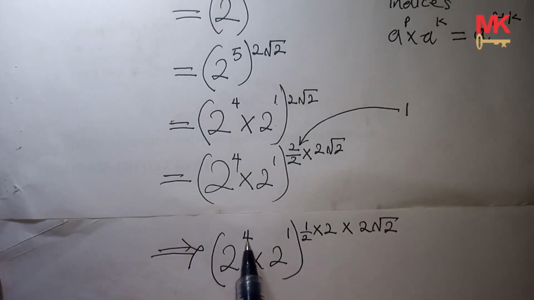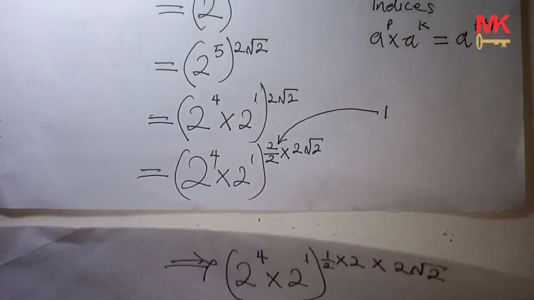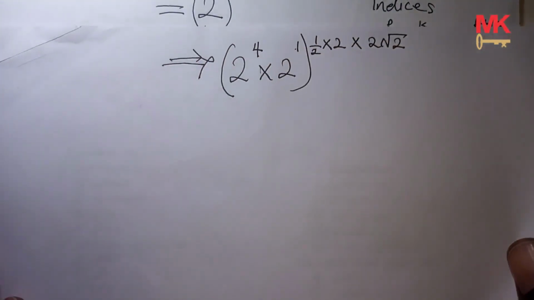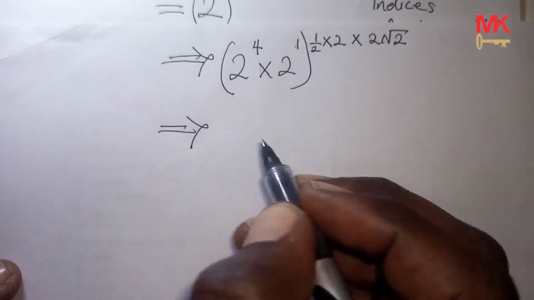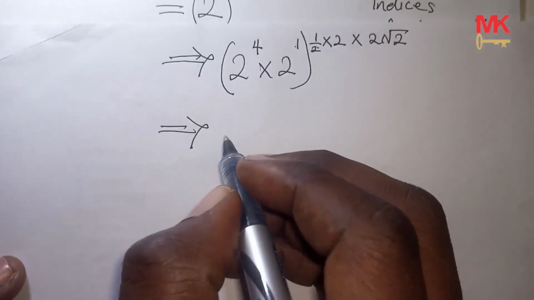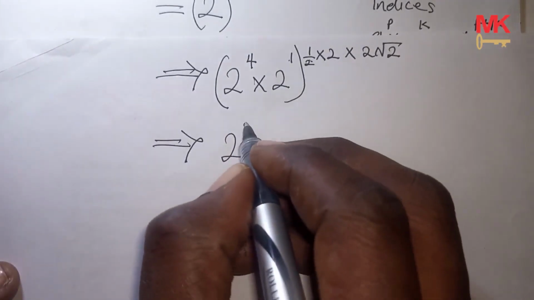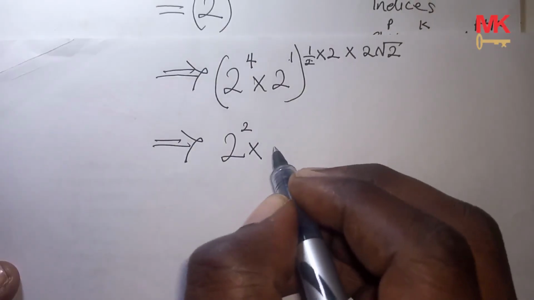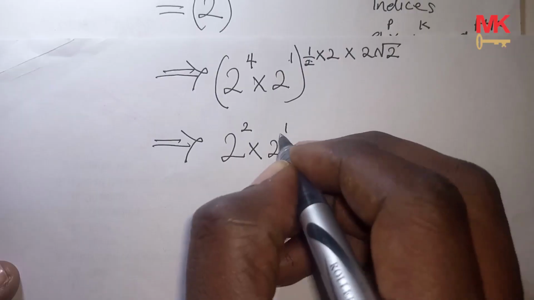We'll multiply the 4, and then we'll multiply the 1. Then this 2 will multiply this 2 root 2. So 1 over 2 times 4 gives us 2 raised to power 2, then 1 over 2 times 1 gives us 1 over 2.